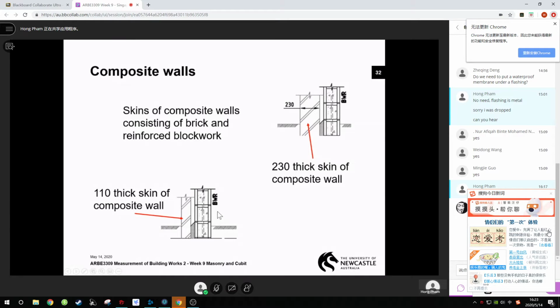So you have to see the plan. If it's facing outside, facing the external air, actually outside the house, that is external. If it's facing inside, it's the internal block work. And of course, the 2 of them have to be done separately as well.